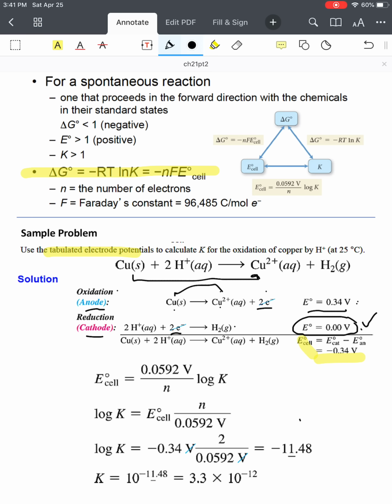Now, can I use the equation that we just learned about to interrelate that E0 cell with an equilibrium constant K? I bet I can. All I need to do is use the equation, okay? And that's what I'm going to do. So I look at my equation that interrelates my two variables, which is essentially this one right here.